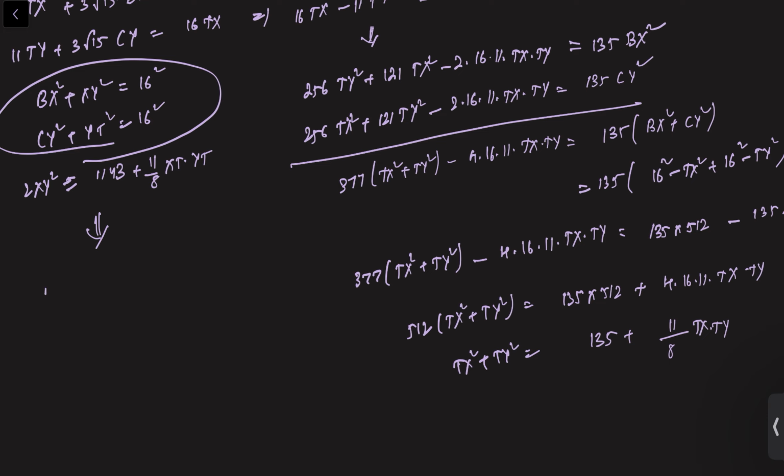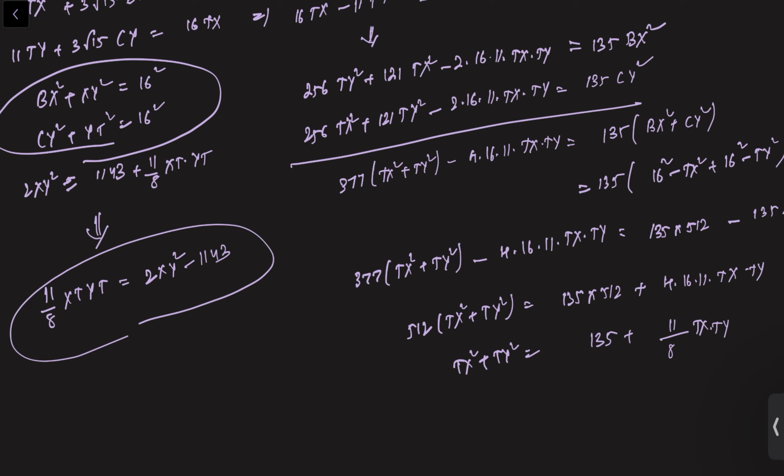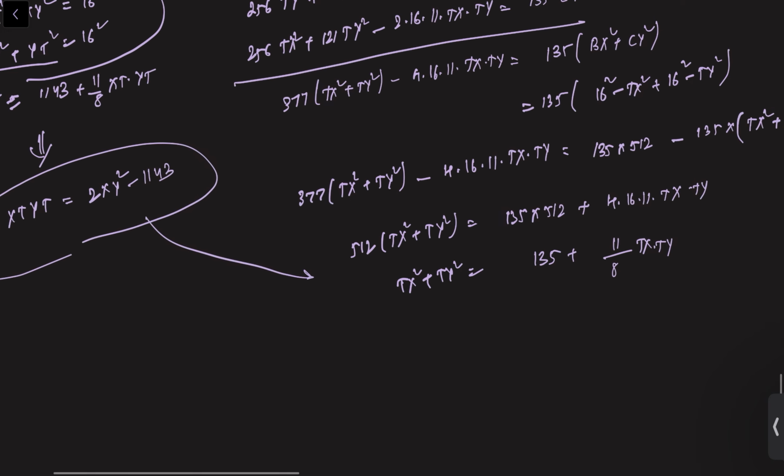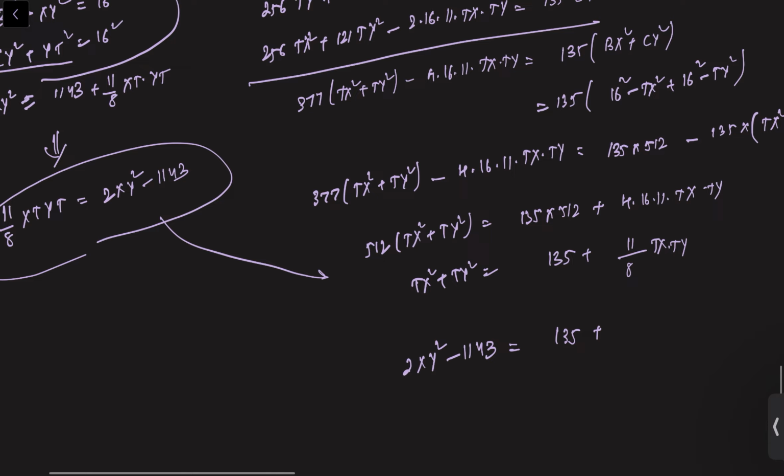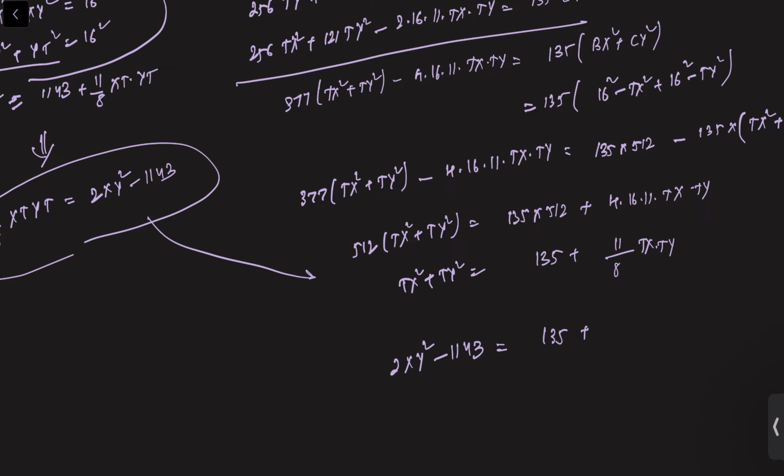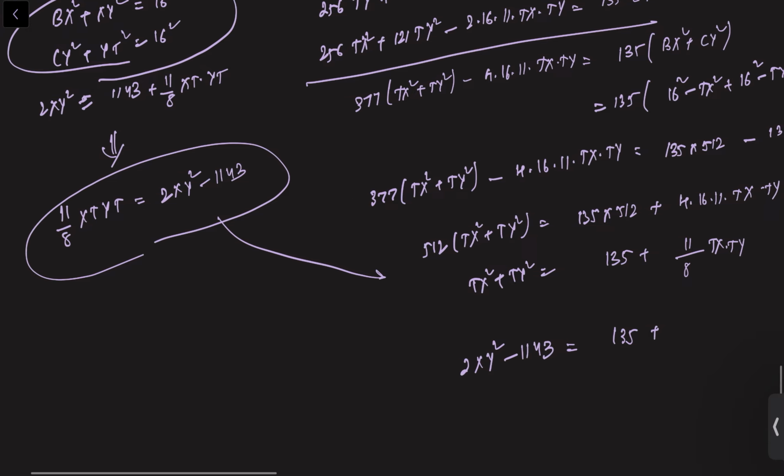Here 11 by 8 times xt times yt is nothing but 2 times xy² minus 1143. So if I use this over here, 2 times xy² minus 1143 is equal to 135 plus, 11 by 8 times tx times ty is what we are using.